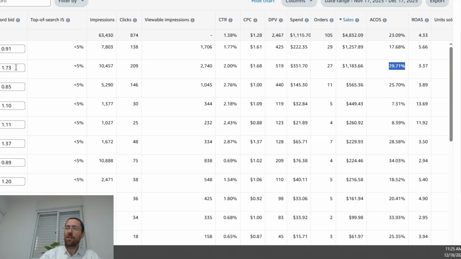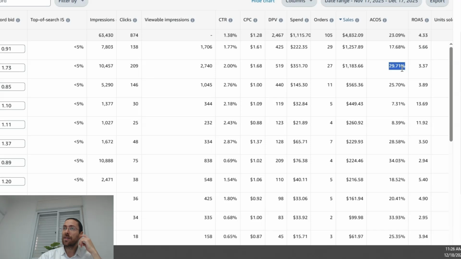But then you need to adjust up because there's usually a gap between what you bid and what you pay in practice. I notice here though that we're bidding $1.73 and paying $1.68, so there's not a huge gap. I'm not too concerned by that. It's like a 5-cent gap. It's virtually zero.